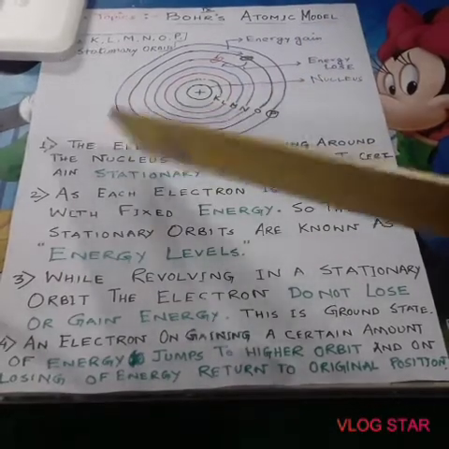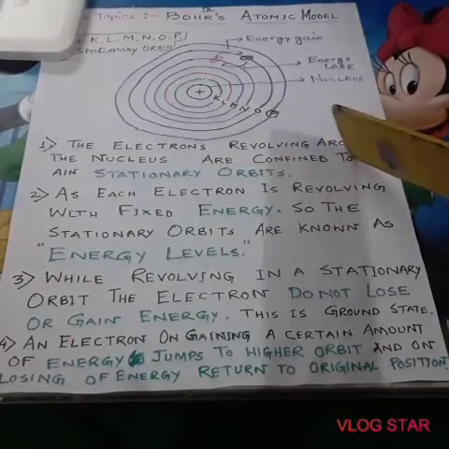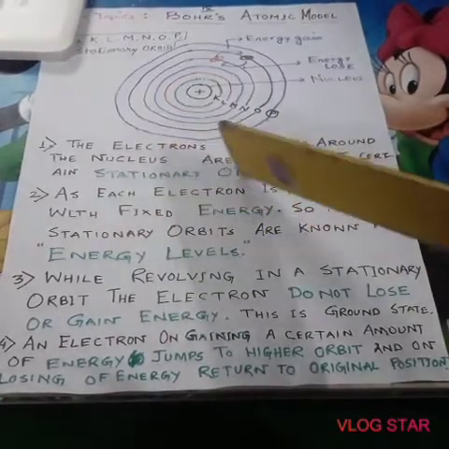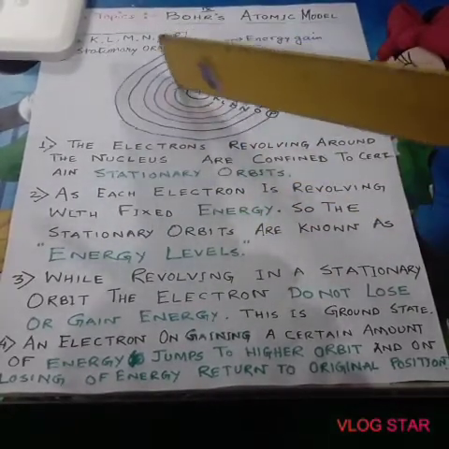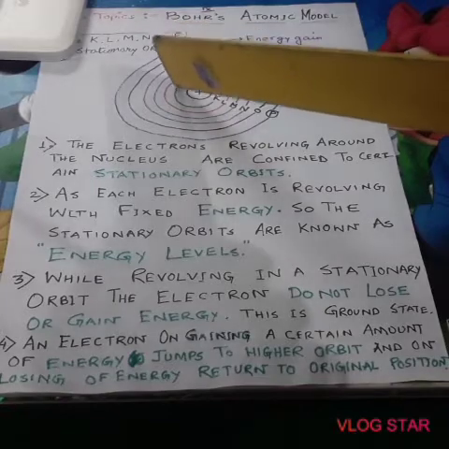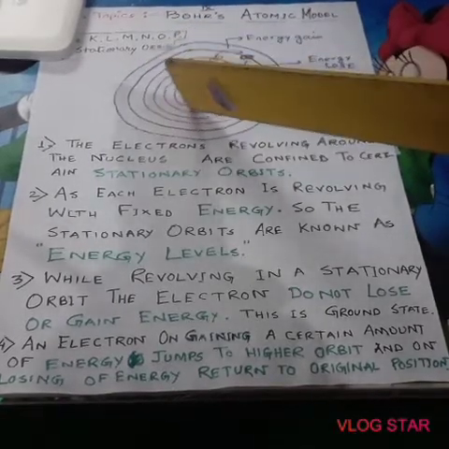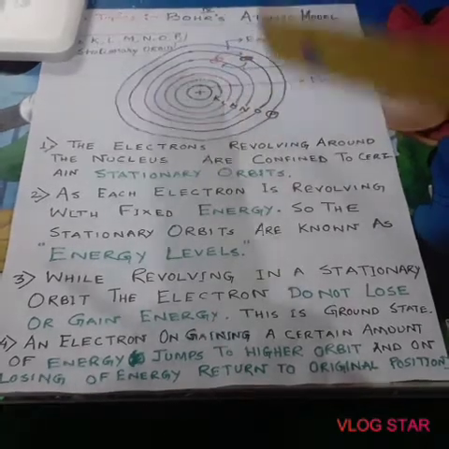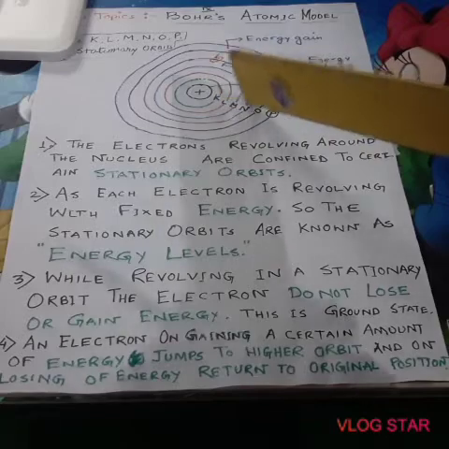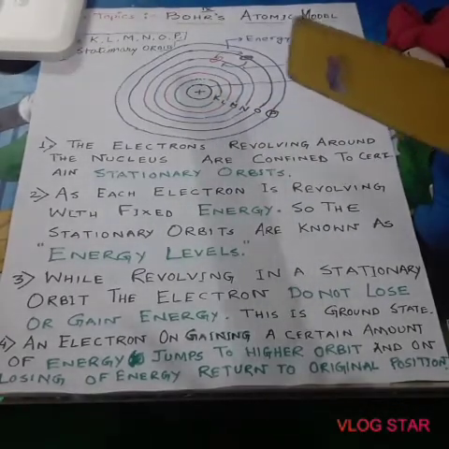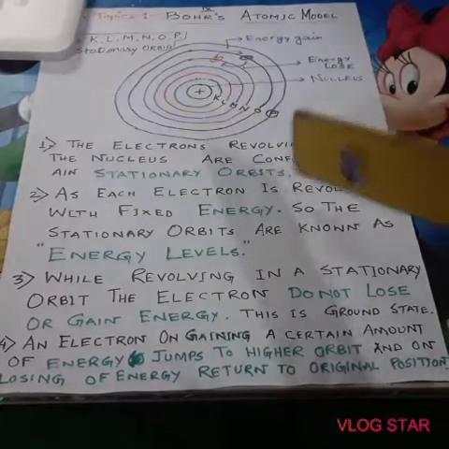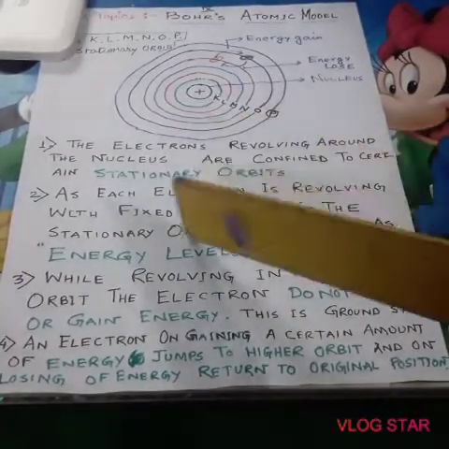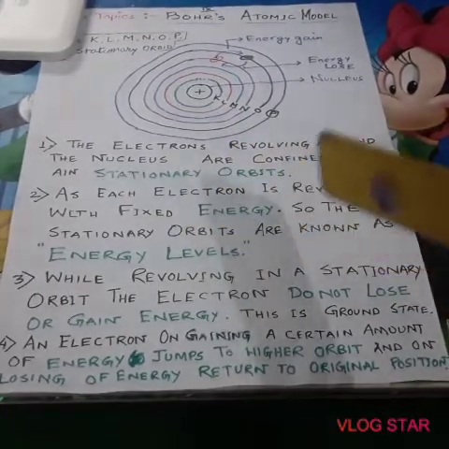The electrons revolving around the nucleus are confined to certain stationary orbits. So electrons revolve around these stationary orbits, K, L, M, N, O, P. As each electron is revolving with fixed energy, the stationary orbits are known as energy levels.